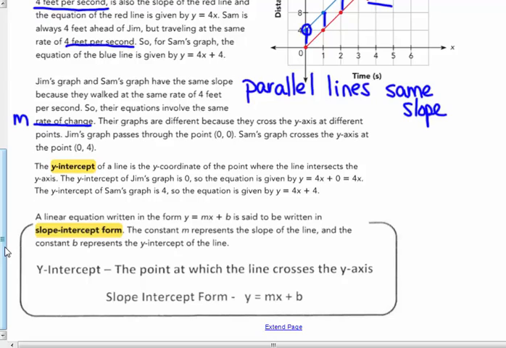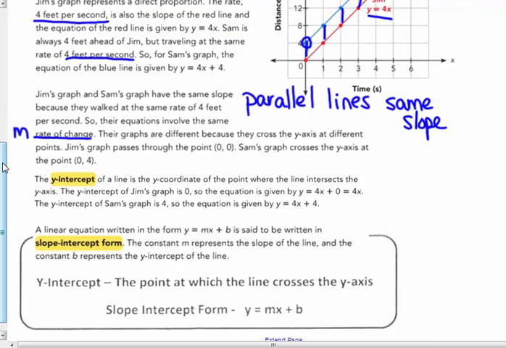The y-intercept of Jim's graph, the red graph, is 0. So the equation is given by y equals 4x plus 0, which just means y equals 4x. The y-intercept of Sam's graph is 4. So the equation of the blue line is y equals 4x plus 4.